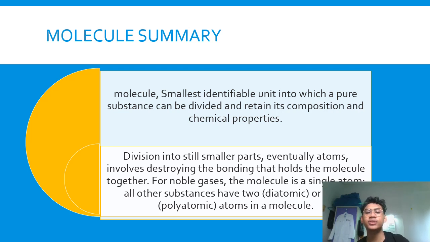Division into still smaller parts eventually involves destroying the bonding that holds the molecule together. For noble gases, the molecule is a single atom, and all other substances have diatomic and polyatomic atoms in a molecule. I think that's all for me.